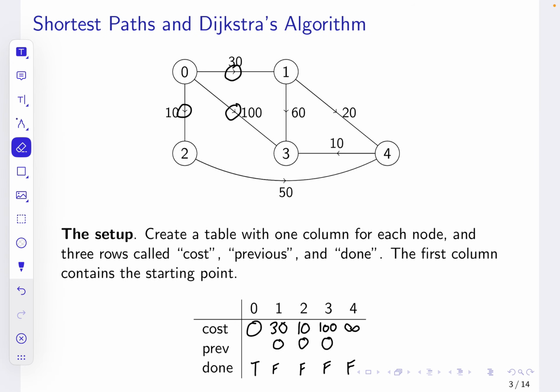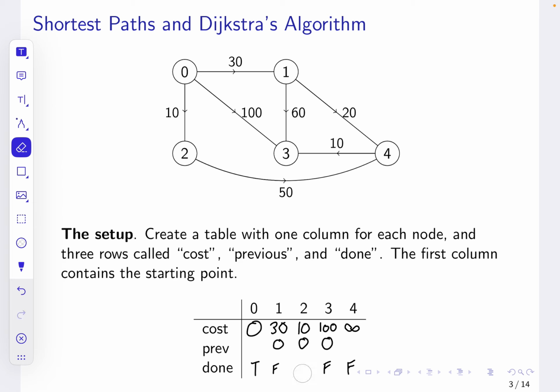And then at this point, we kind of know exactly how to do the rest of the algorithm. We're just going to repeat all the steps that we've seen before. So iteration 2, first step is to find the node with the least cost. That is 2, because 10 is less than 30 and 100.